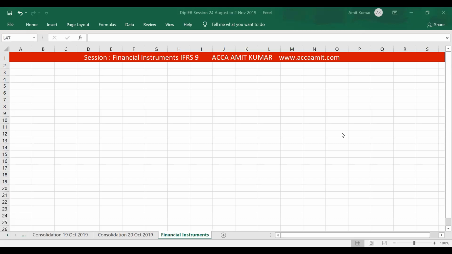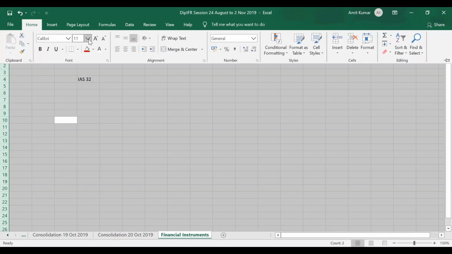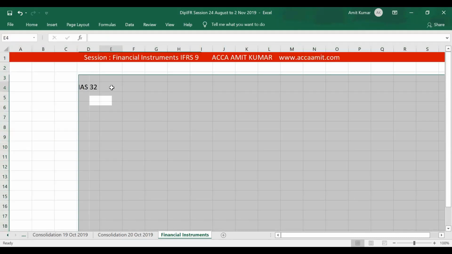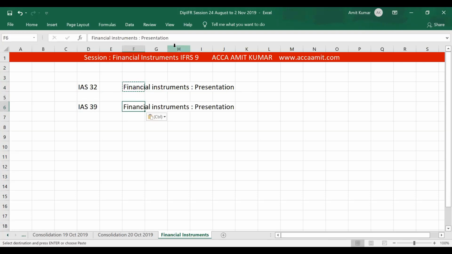There used to be a standard known as IAS 39. It covers IAS 32, which is for financial instruments presentation. IAS 39 was the standard for dealing with financial instruments recognition and measurement.